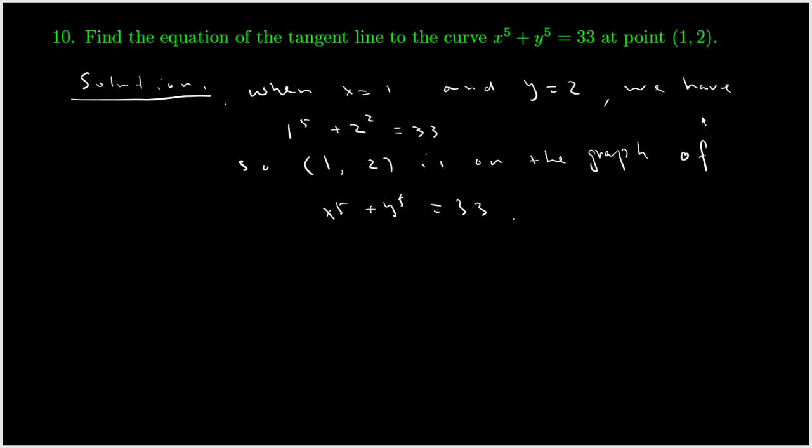It's the derivative when x value is 1, in this particular case, when y value is 2. So that's why we differentiate the equation. Now the next step we do is to differentiate the equation with respect to x, treating y as a function of x. Now we differentiate the equation.